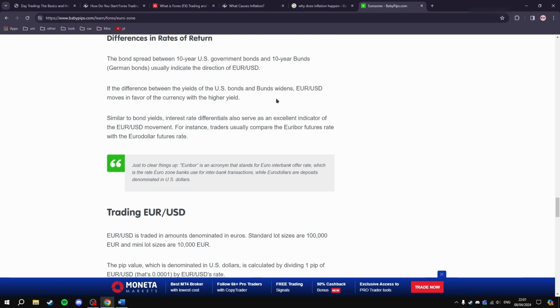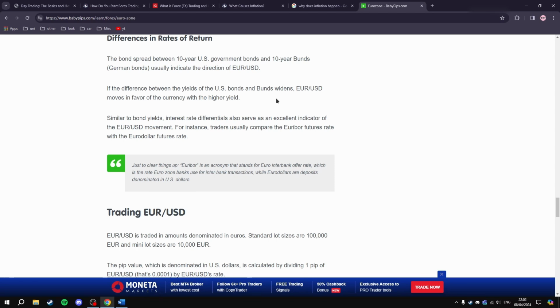So for example, if US bonds give higher yields than Bunds from Germany, then EUR USD would weaken, would fall in value, so it would take less USD to buy €1.